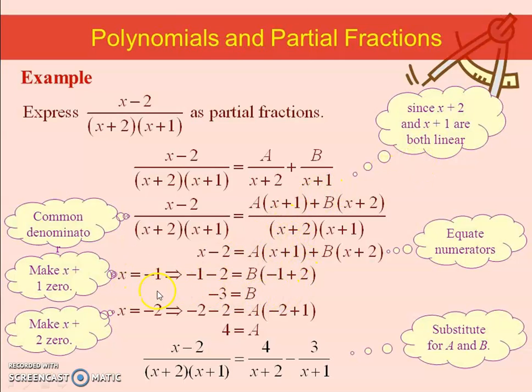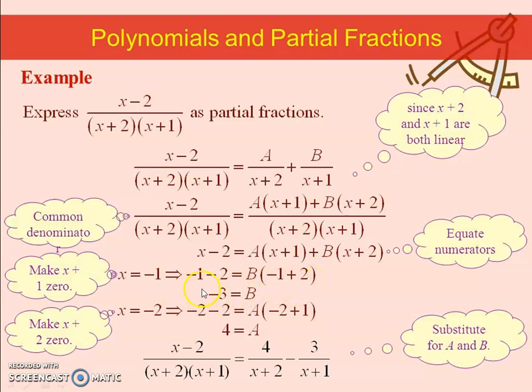So x plus 1 equal to 0 means x equal to minus 1. So instead of x in this equation we put minus 1. So minus 1 minus 2 equals capital A into (minus 1 plus 1), which gives 0, plus capital B in bracket (minus 1 plus 2).